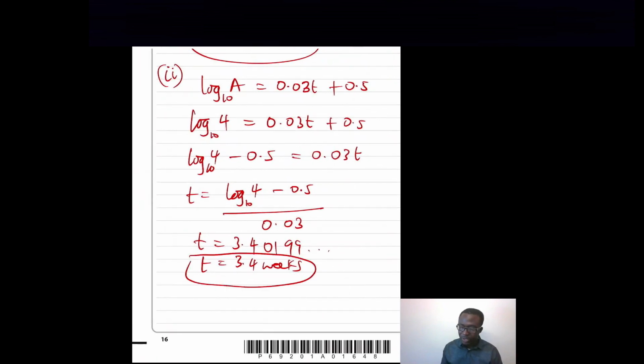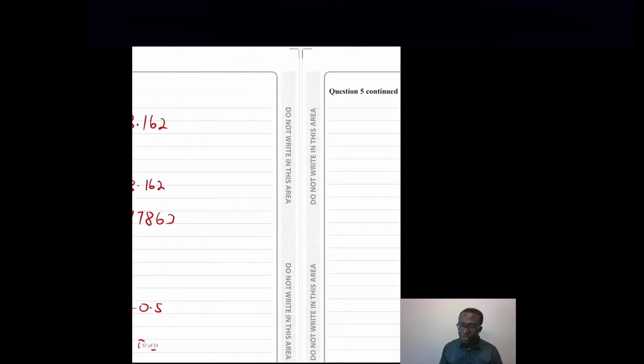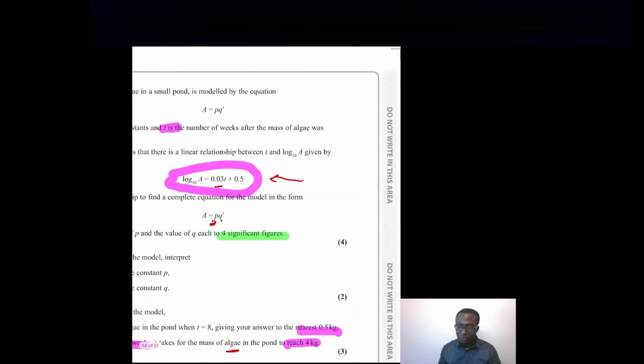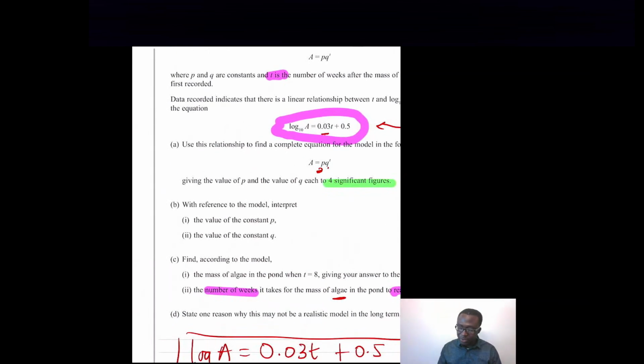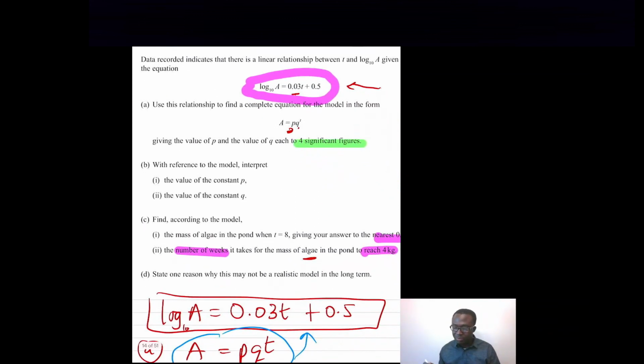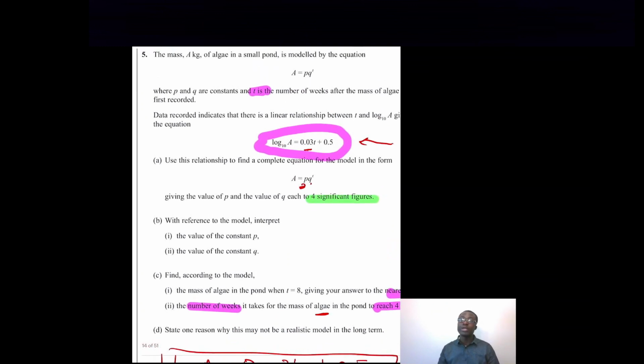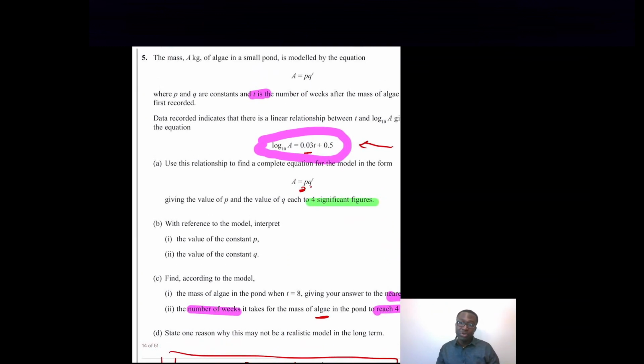The last part of the question, there's a reason why they give us lots of spaces. State one reason why this may not be a realistic model in the long term. This is one of the equations we call exponential. Exponential equations are equations where everything is going to increase suddenly or reduce suddenly. Because our t is positive, this is going to continuously increase.